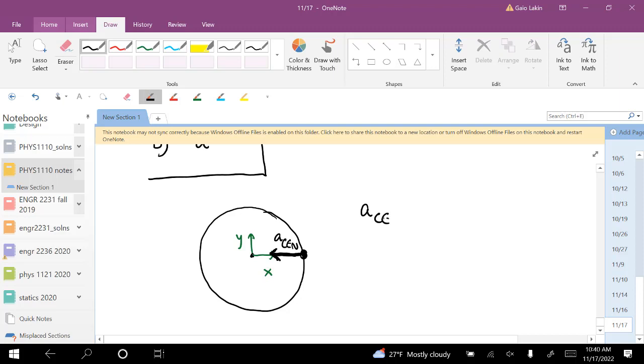The magnitude of that centripetal acceleration vector is speed squared over r. Do we know the speed or the radius? Right, exactly. We're trying to calculate speed. The radius is 0.2. So this is v squared over 0.2, which if you divide by 0.2, that's the same as multiplying by 5.